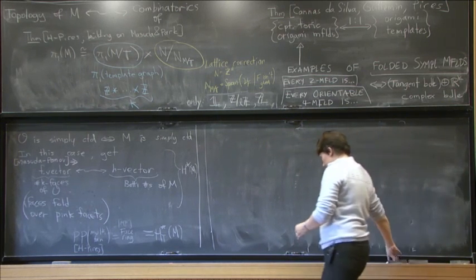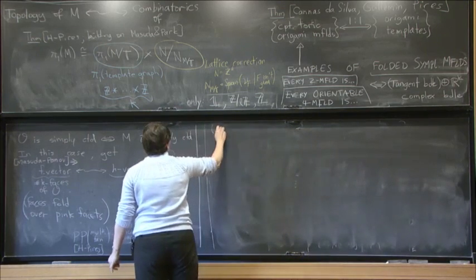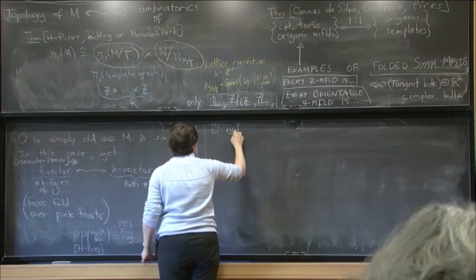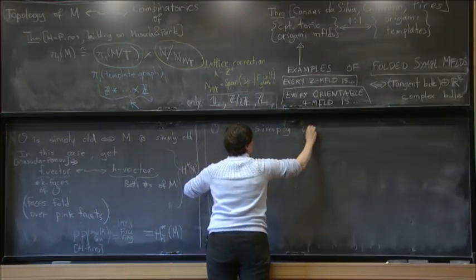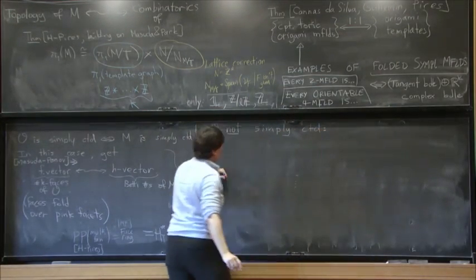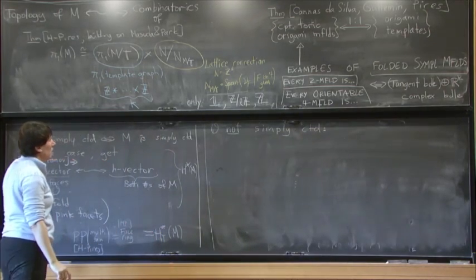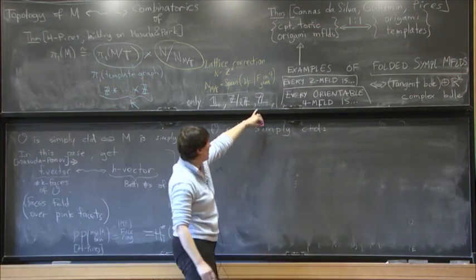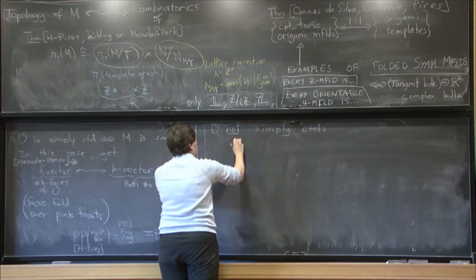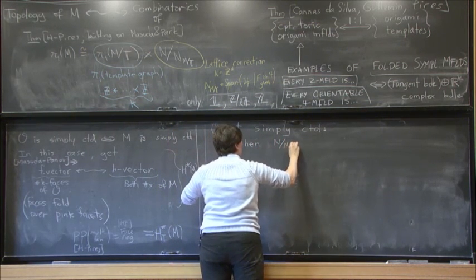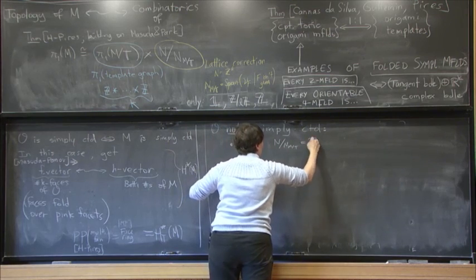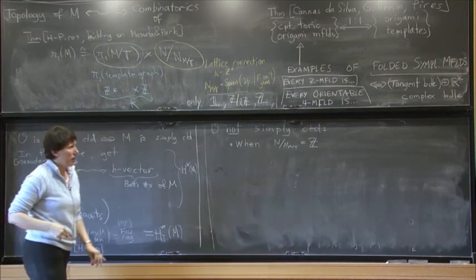So when we're not simply connected, what I will say is that when this correction is z, it turns out you have to be in a very special case.